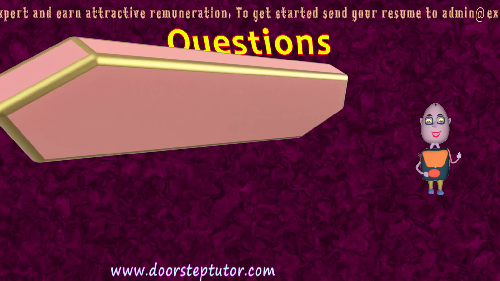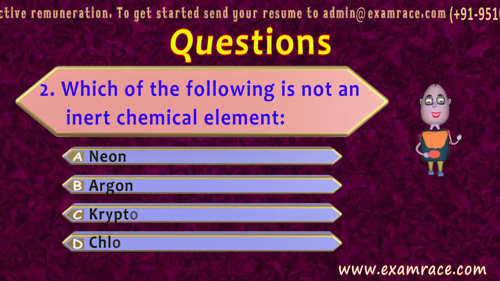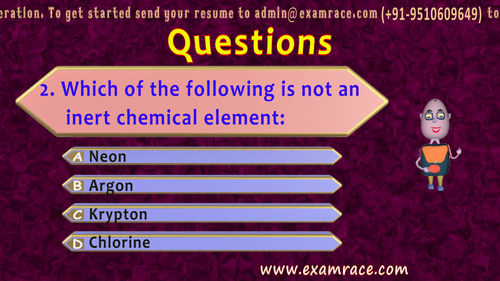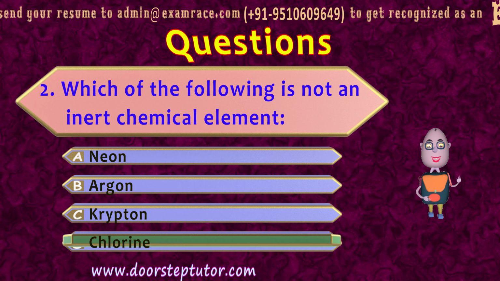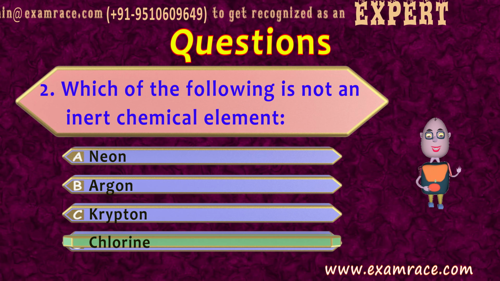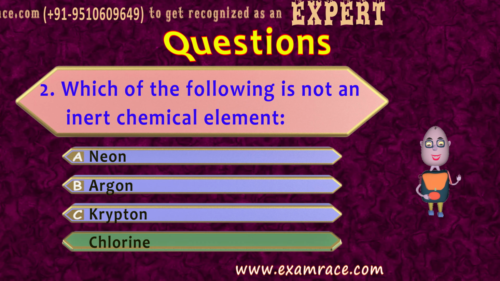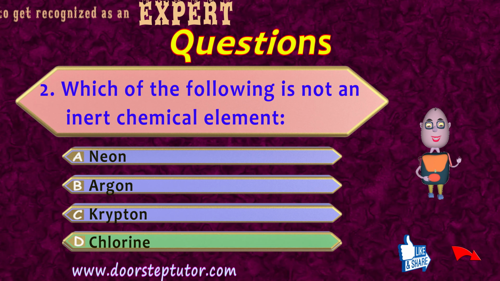Next question is, which of the following is not an inert chemical element? In the periodic table chapter also we have seen that chlorine is not a chemically inert element. It is a very reactive and electronegative element. So out of neon, argon, krypton, option D, chlorine is the correct answer.